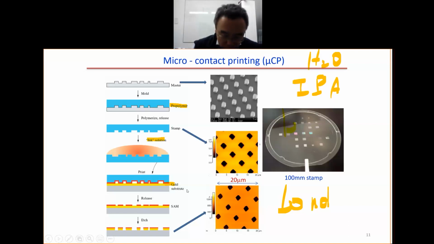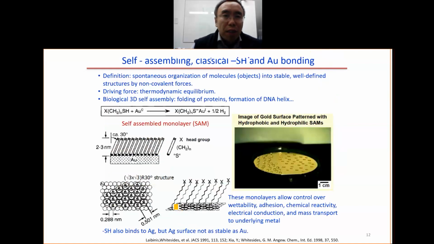So what is used for this is SAM. So what is SAM? This is the self-assembled monolayer. Here's the definition of self-assembly: the spontaneous organization of molecules or objects into stable, well-defined structures.